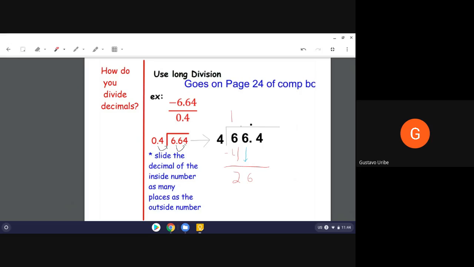4 multiplied by something has to get us as close to 26 without going over. If you need help with that, use a multiplication table, if you don't know your 4s. 4 multiplied by 6 is going to give us 24. 26 minus 24 gives us 2. I'm going to bring down this 4.